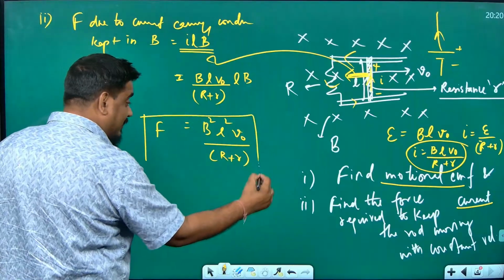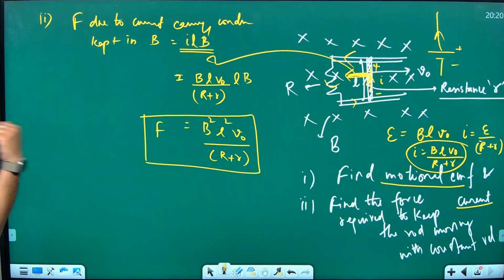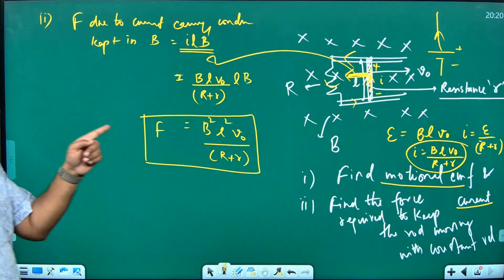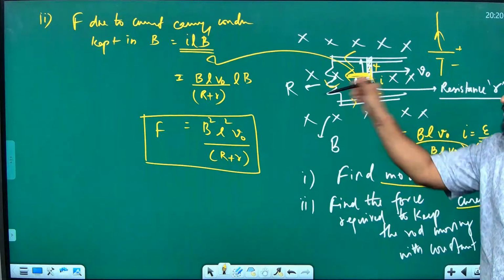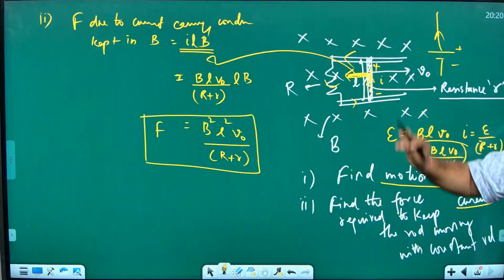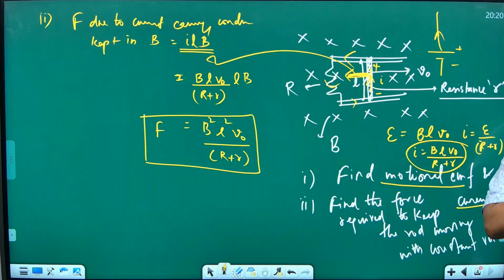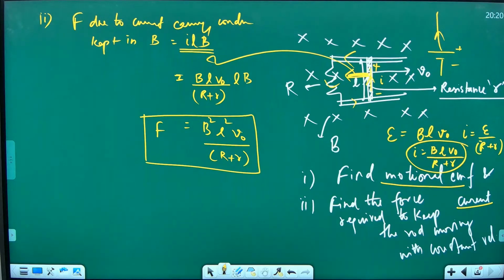This is not the answer, by the way. This is the force that is going to act in the opposite direction of the force that you are applying. Now this force will make the rod slower. The rod was trying to move towards the right, but because of the force acting on the wire, it is getting a force in the left direction.